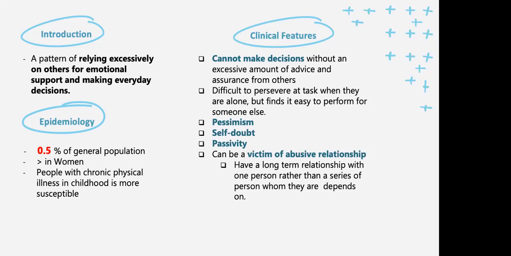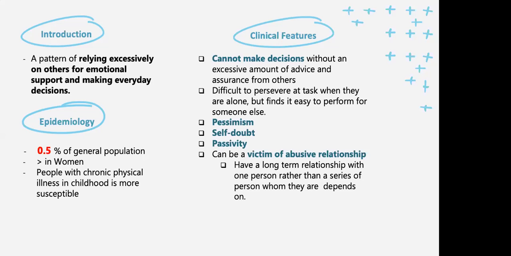For clinical features, first, they cannot make decisions without an excessive amount of advice and assurance from others. They need someone to be responsible for their decisions. Second, it is difficult for them to persevere at tasks when they are alone, but they find it very easy to perform for someone else. Third, pessimism.